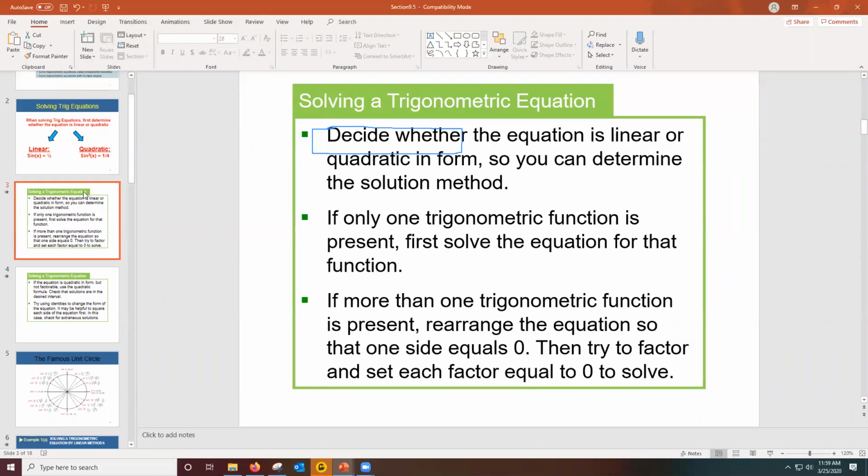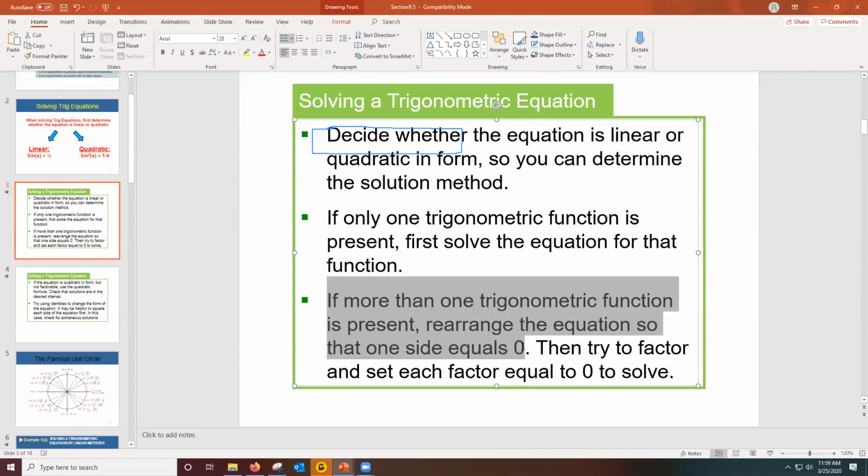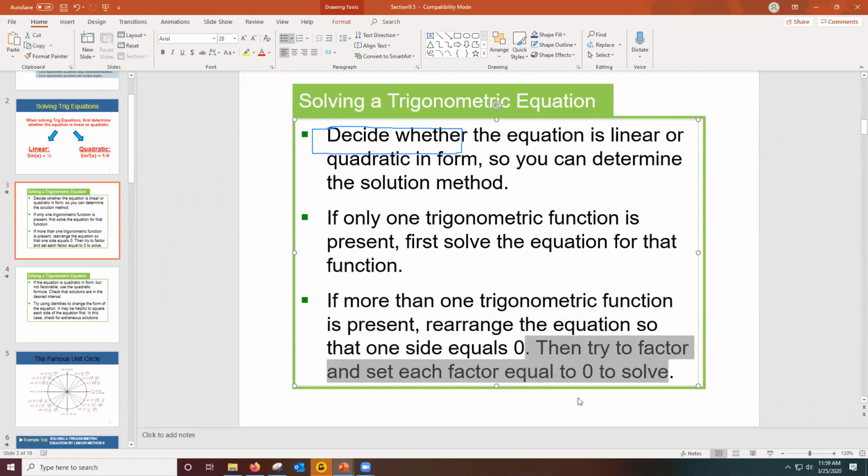All right, here are the steps. Look at the very bottom of the slide. It says if more than one trig function is present, get the equation set equal to 0, then try to factor one side of the equation. Well, in our example, we did have more than one trig function, right?